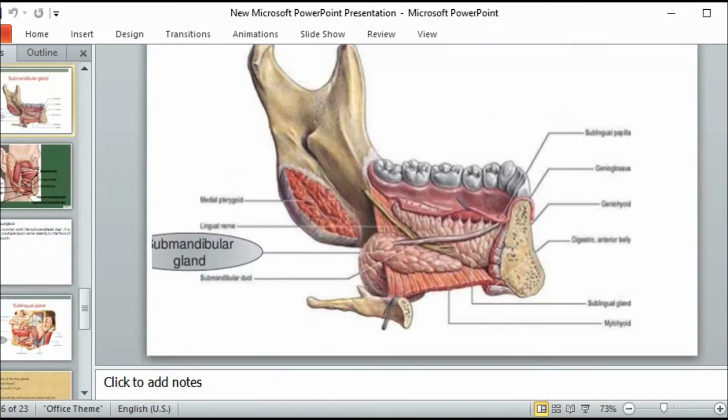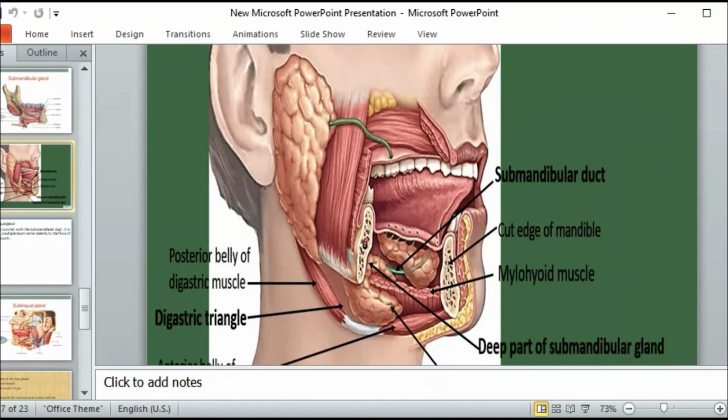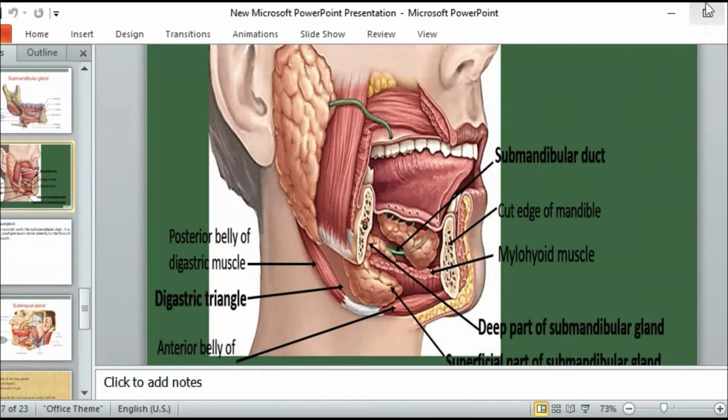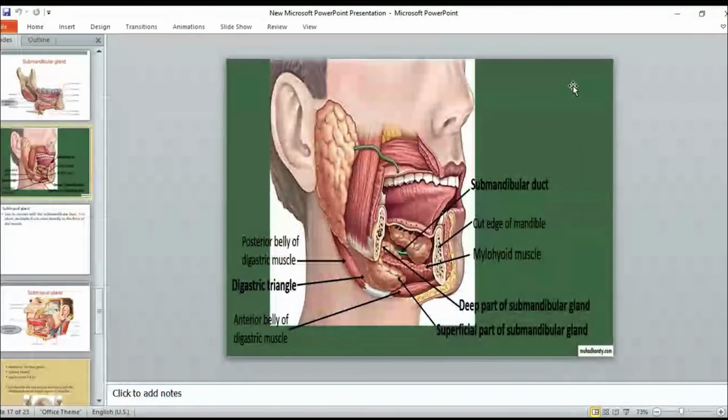This is the submandibular gland. This picture is very important for the final exam. These pictures, also these pictures, are very important. This picture shows the exact positions of the salivary glands.